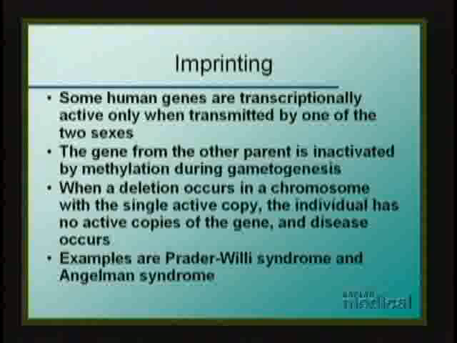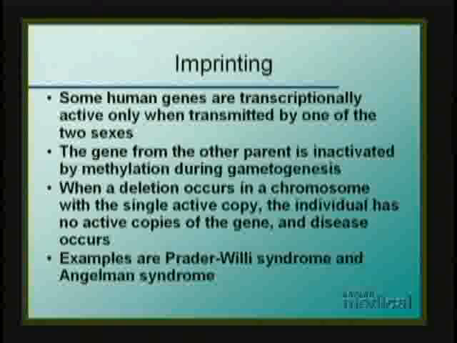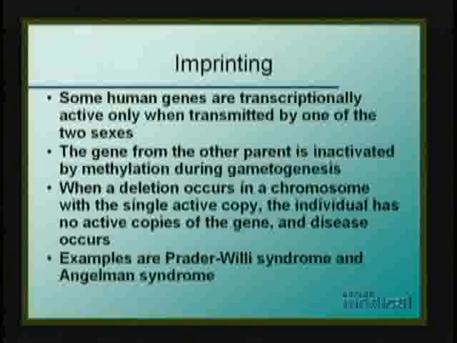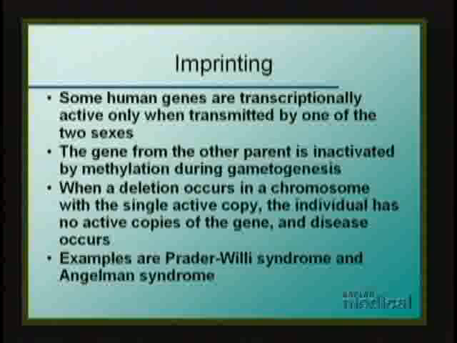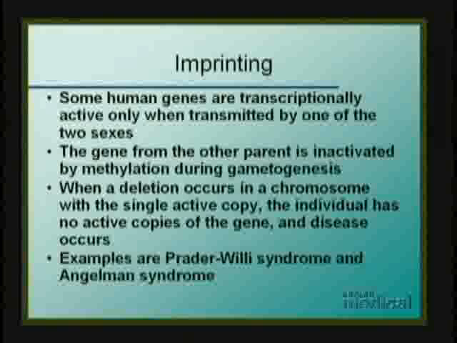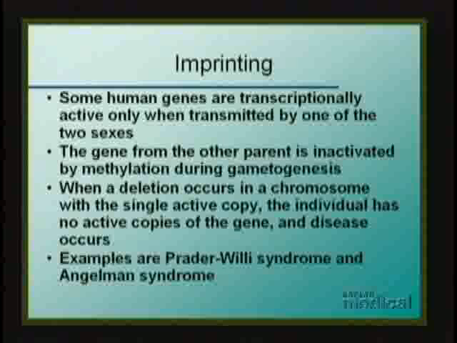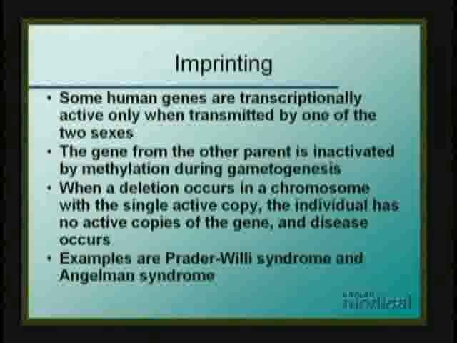Only the single copy from the other parent is expressed. Such imprinting occurs during gametogenesis, that is, as we are producing our eggs and sperm, and we have identified certain particular genes that are imprinted by males when they produce their sperm, and that gene then remains turned off for the life of the child that develops from that sperm.